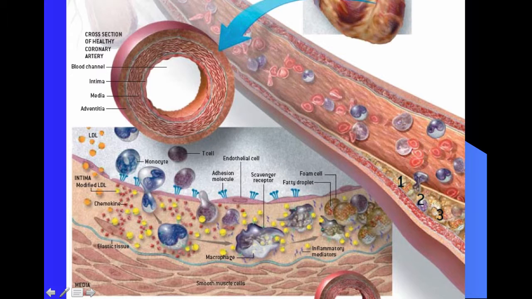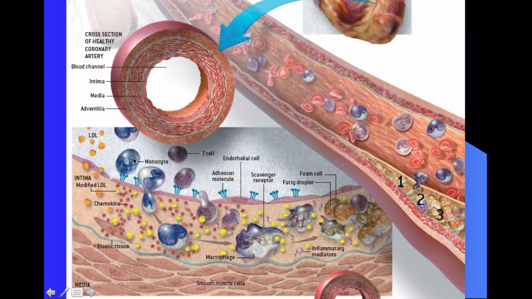Now, the injury promotes the release of chemokines. Those chemokines are signaling molecules released from endothelial cells. So the injury causes a release of chemokines, and the chemokines attract monocytes. So the monocytes are coming to the injured area. When the monocytes get there, they can bind to the adhesion molecules.